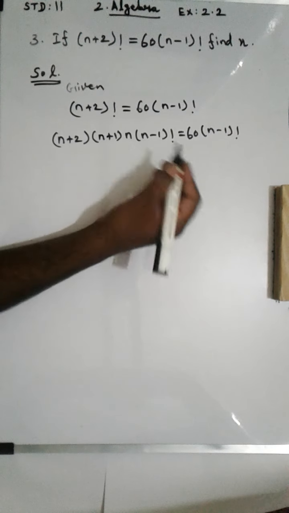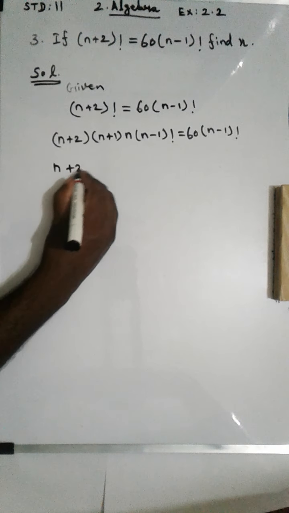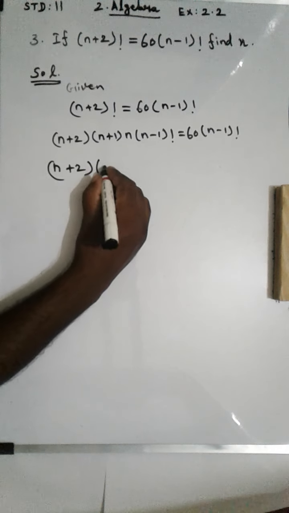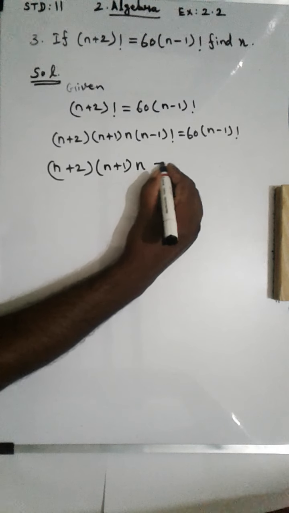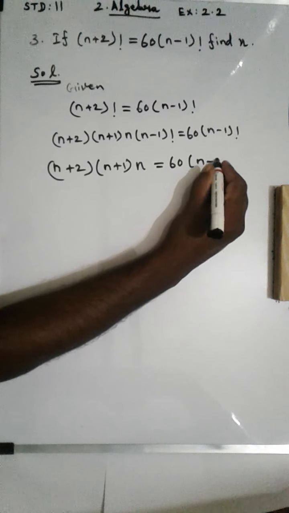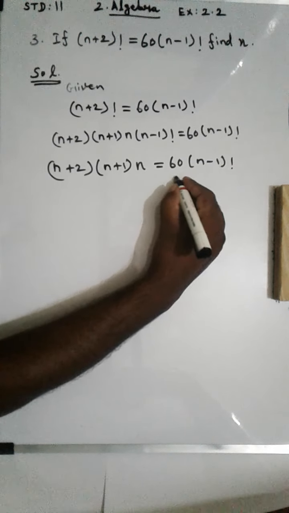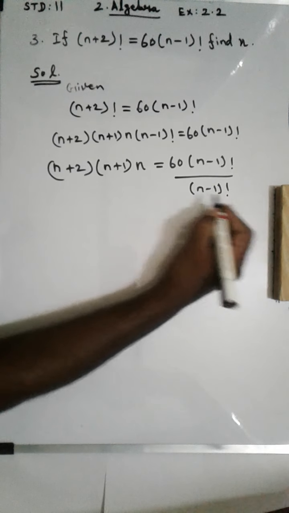n minus 1 factorial, we should take to the right hand side. n plus 2 into n plus 1 into n equals 60 into n minus 1 factorial divided by n minus 1 factorial.